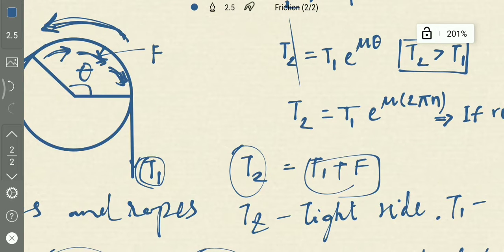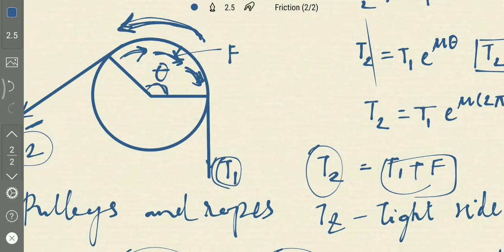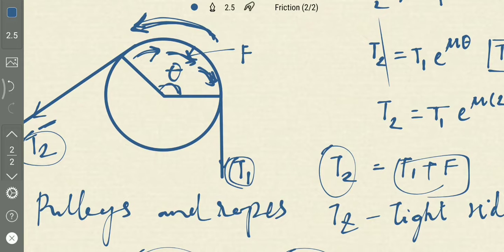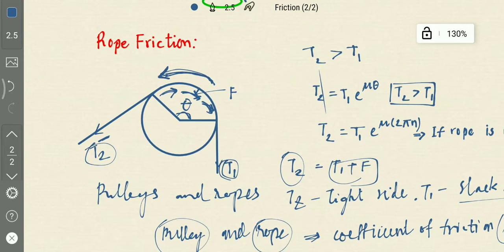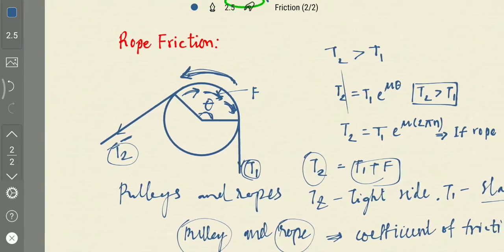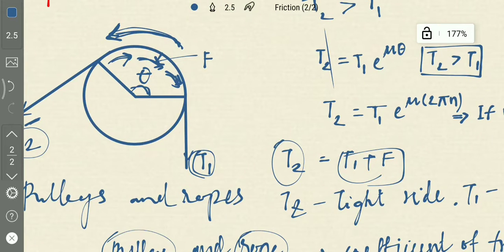So if the angle of contact is theta, see here, the rope is wound from this point to this point, which means the rope is touching the pulley from here to here, and the angle made at the center by this rope which is contacting on this pulley is theta, and this theta is not the angle of friction.